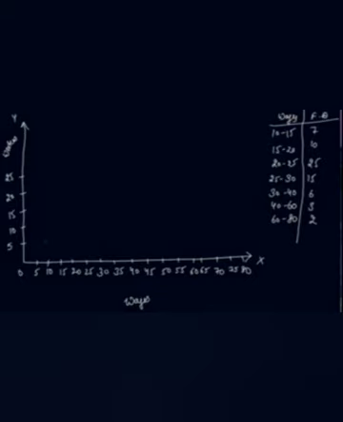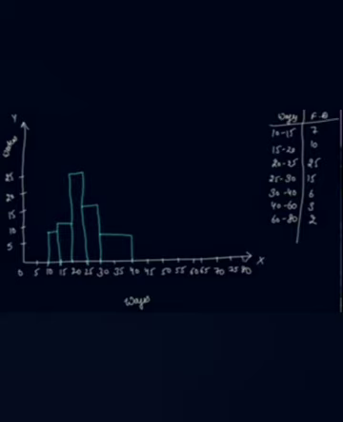From 10 to 15 we have 7 somewhere here. From 15 to 20 it's 10. Then 20 to 25 it's 27. 25 to 30 is 15. Then 30 to 40 it is 6. Then from 40 to 60 it is 3.